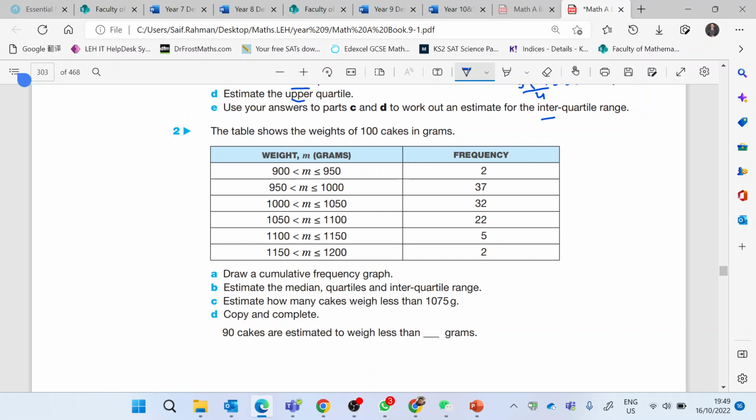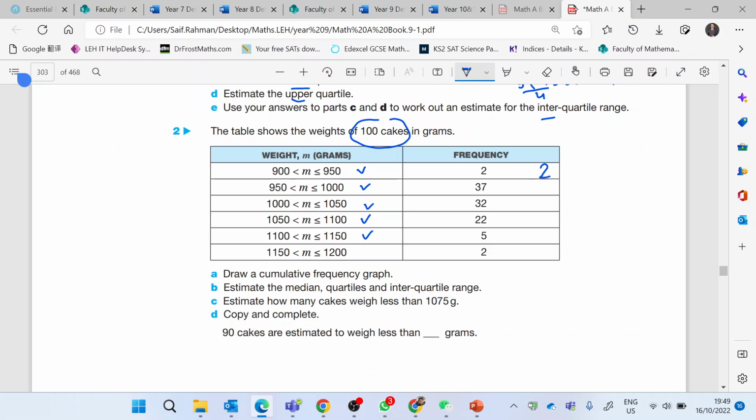So this is a similar kind of question where the weight of 100 cakes in grams is shown, right? So here it is 950, 1000, 1050, 1100, like this. This is a frequency. So in the same way, you have to draw a cumulative frequency.